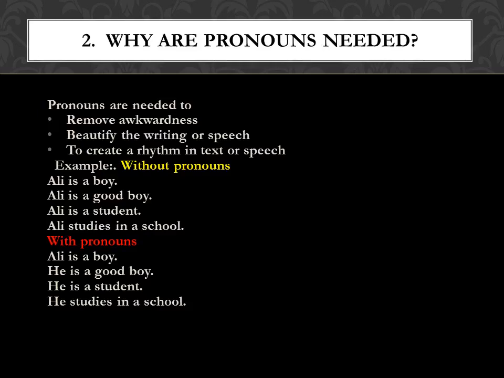But with pronouns, Ali is a boy, he is a good boy, he is a student, he studies in a school. And you can see, when we replaced Ali with he, it creates a rhythm, a beauty, and there is no awkwardness while reading these sentences.